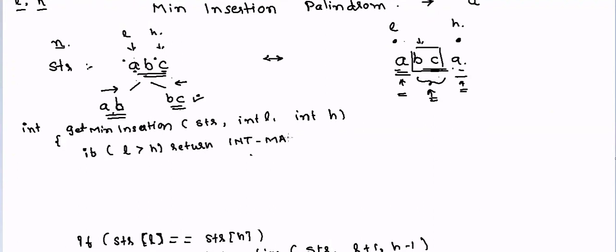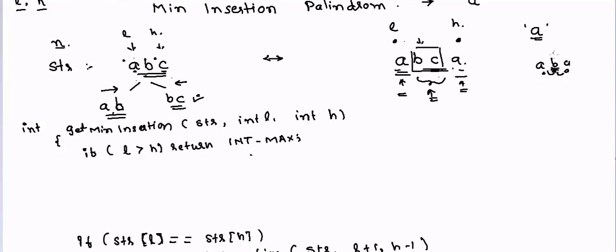So in C++ we are returning int max, or some large number in Java. Now, as we know that if there is only one character, A, which is already a palindrome, say suppose in this case it is ABA, both characters are matching, so we'll go for this one.